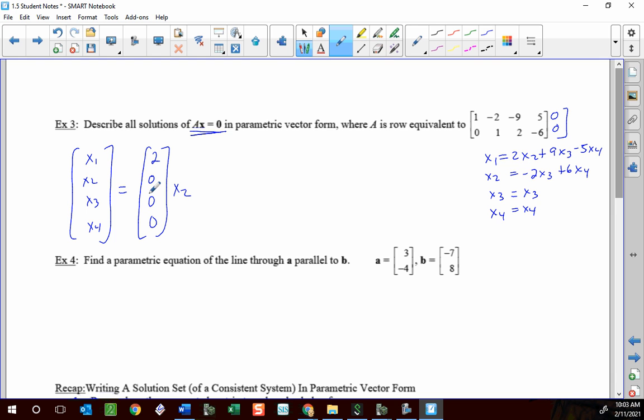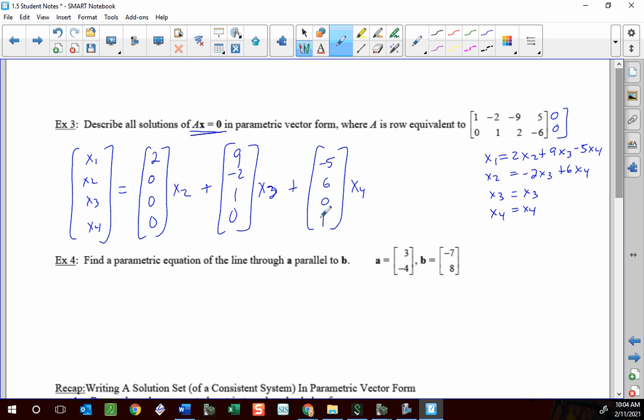All right, so then a vector for x3. So I have 9, -2, 1, and nothing. All right, and then a vector for x4. So then x4, I got -5, 6, nothing, and 1.